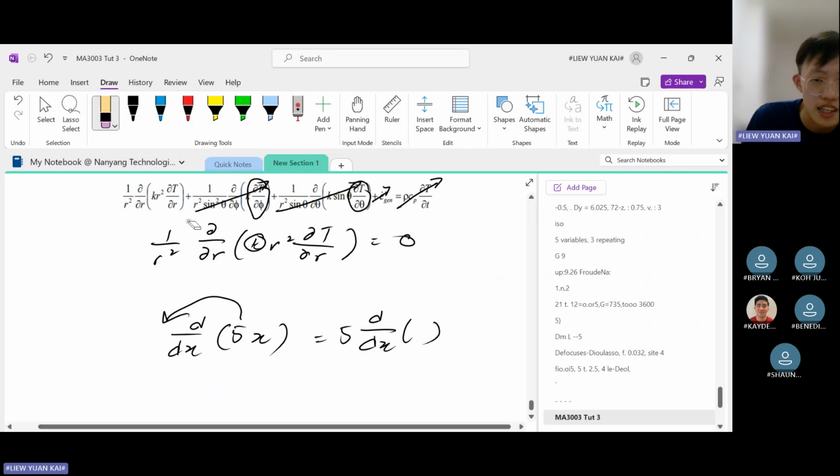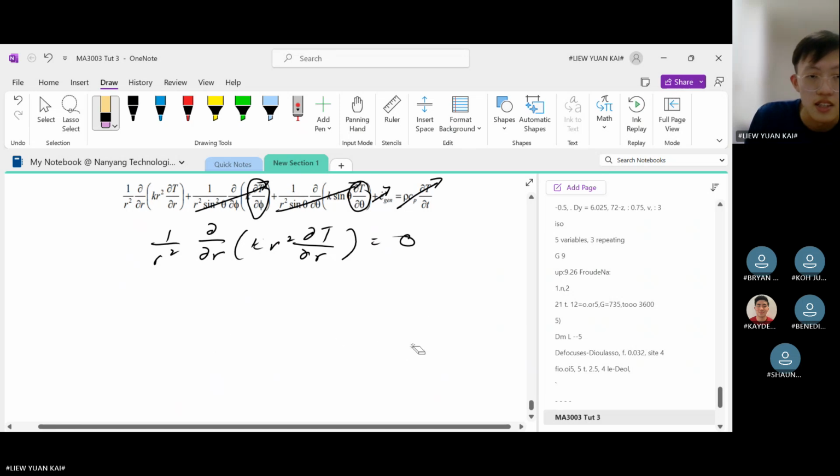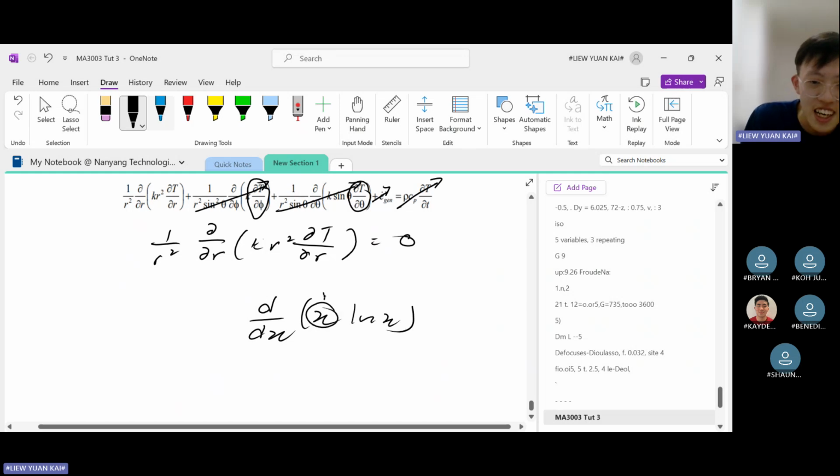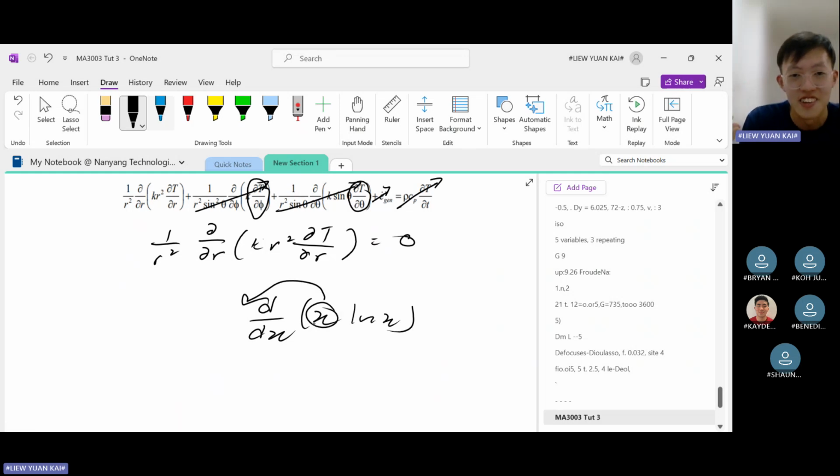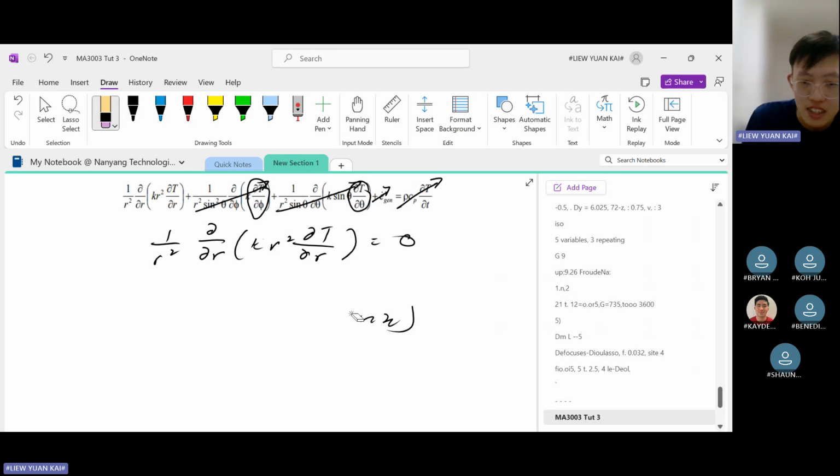Okay, sorry, my laptop is a bit laggy. But for example, d/dx of x ln x, you cannot take out this x outside because it is a variable. So you cannot take it out. That's why the assumption that k is a constant is important, because it allows us to take it outside of the derivative.